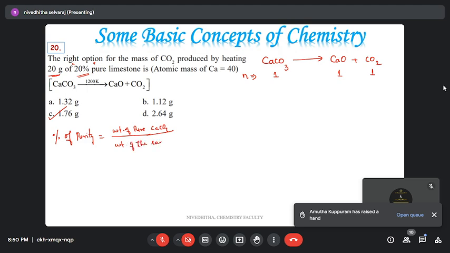The weight of the sample is 20 gram, and the weight of pure calcium carbonate is to be calculated. The percentage purity is 20%, so 20 divided by 100. So what is the actual quantity of calcium carbonate present in this 20 gram of limestone?